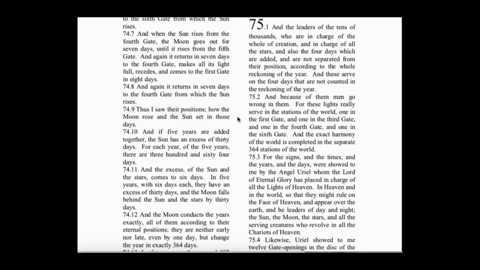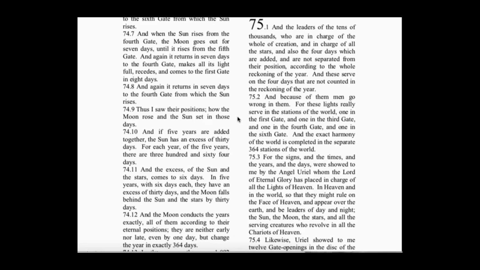So originally it's only 360 days, and then they add 4 days. And because of them, men go wrong in them.